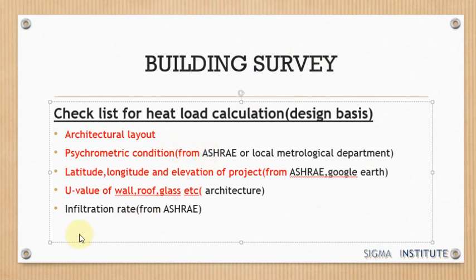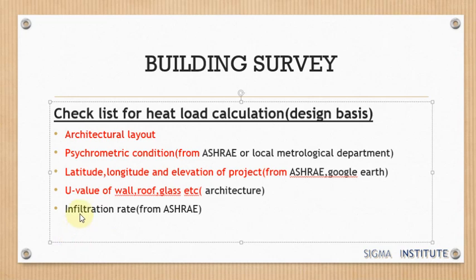So our next point is infiltration rate. This infiltration rate we have to calculate. And what is infiltration? First of all, infiltration is nothing but unwanted air coming into the space through some cracks in the building, like we have doors and windows.